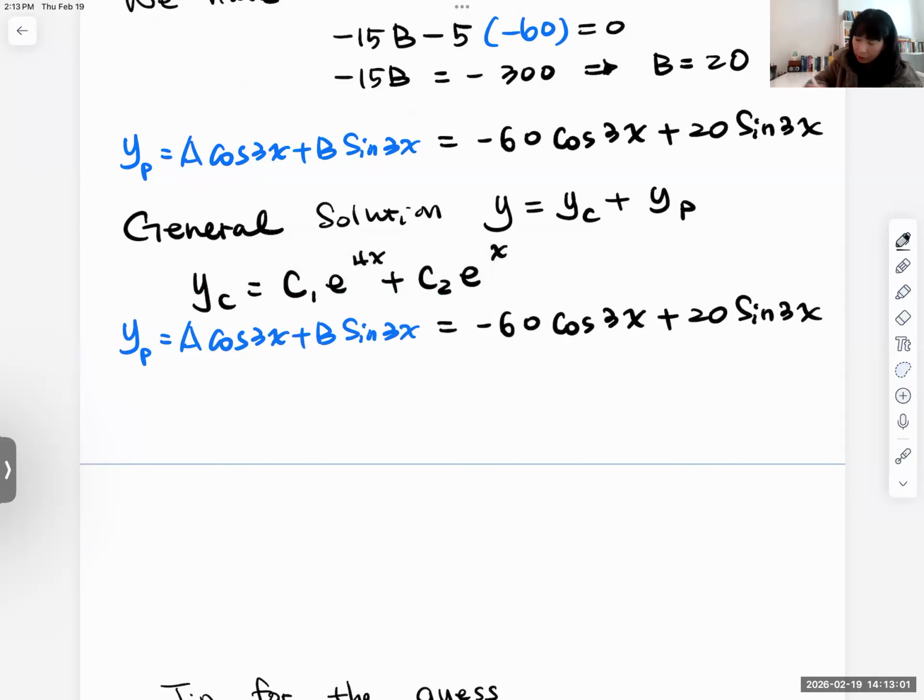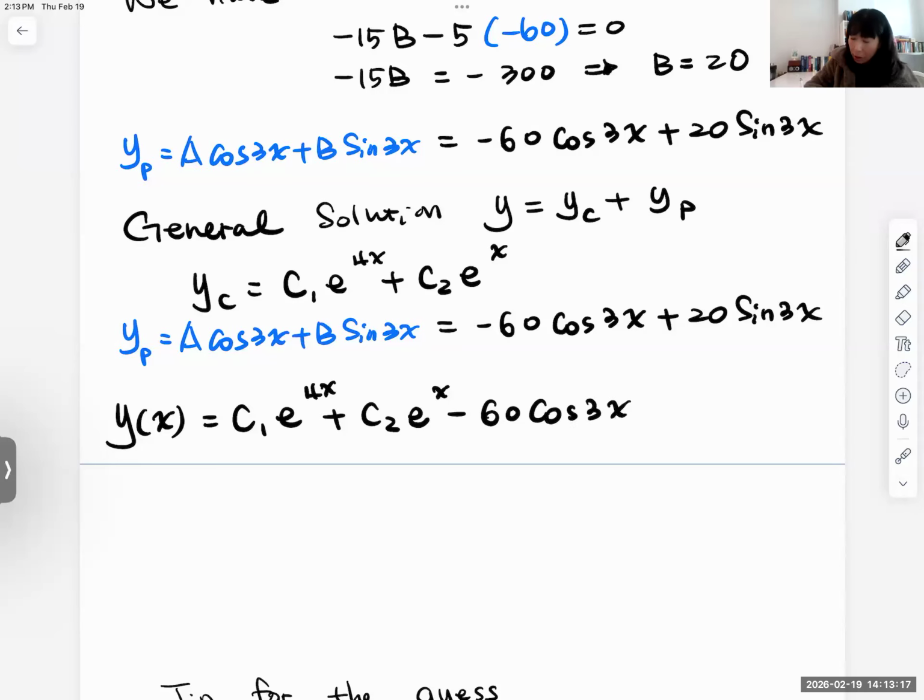So we can say that y of x, complementary solution will be c sub 1 e to the 4x plus c sub 2 e to the x, and particular solution will be negative 60 cosine 3x plus 20 sine 3x, sorry, sine 3x.